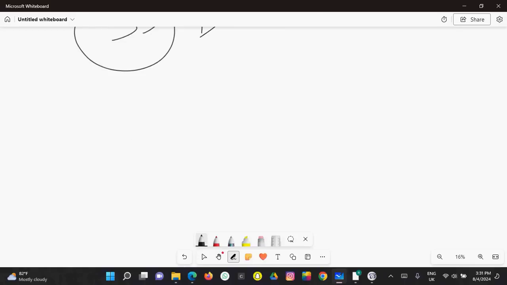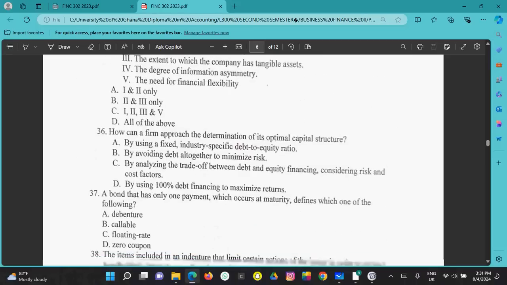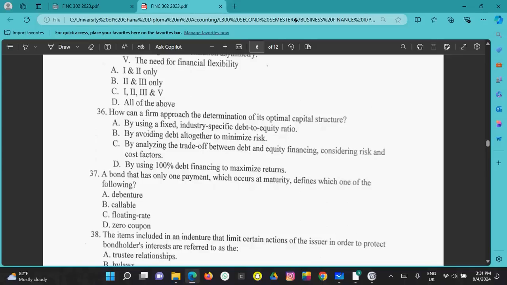So what I just did was 35, so 36. For question 36, how can a firm approach the determination of its optimal capital structure, right?